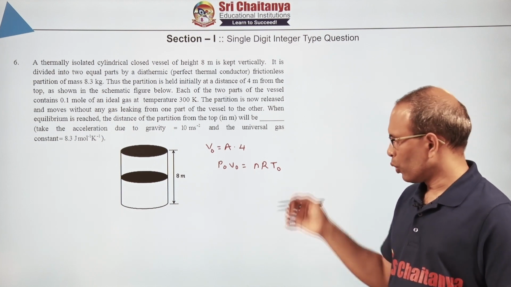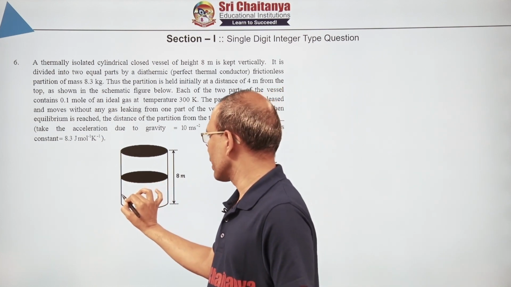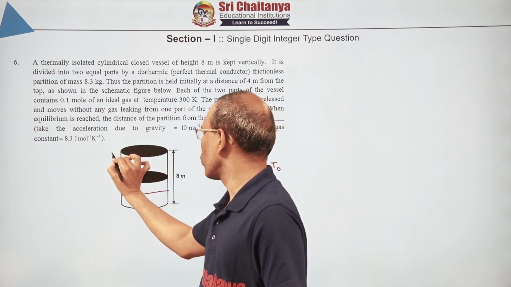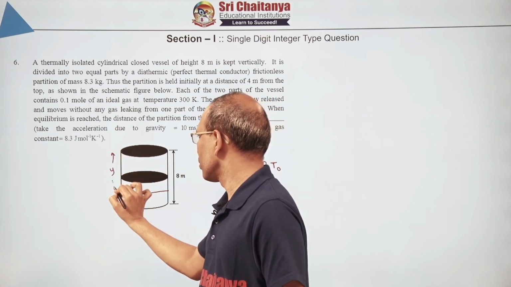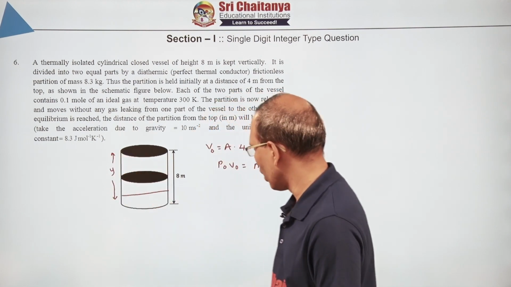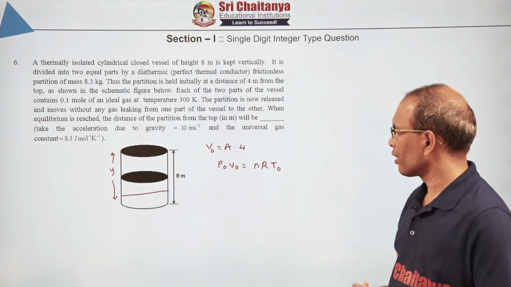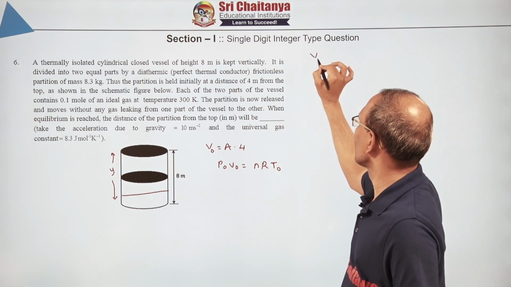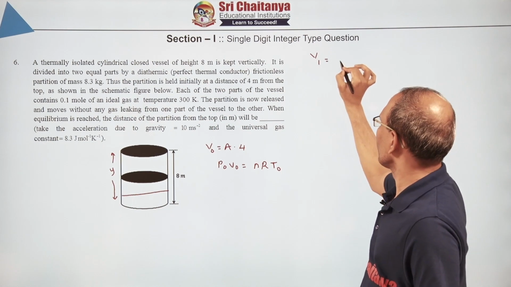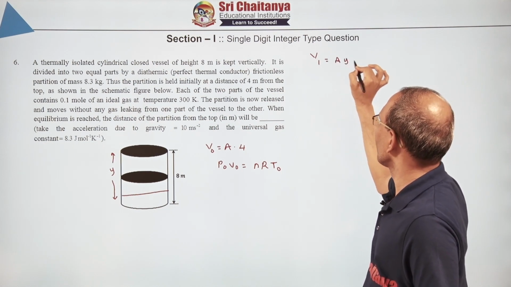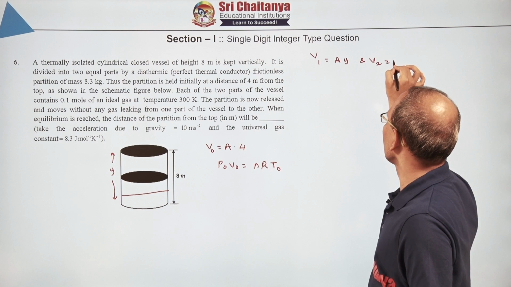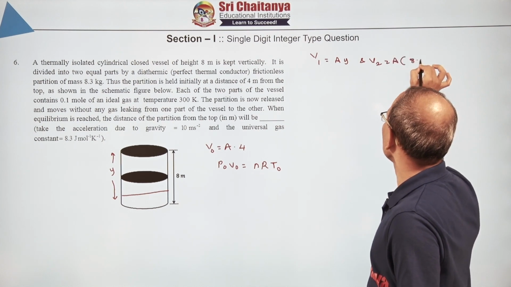Now suppose in equilibrium this will be at a distance y from the top. Now the volume V1 will be A into y, and V2 will be A into 8 minus y.